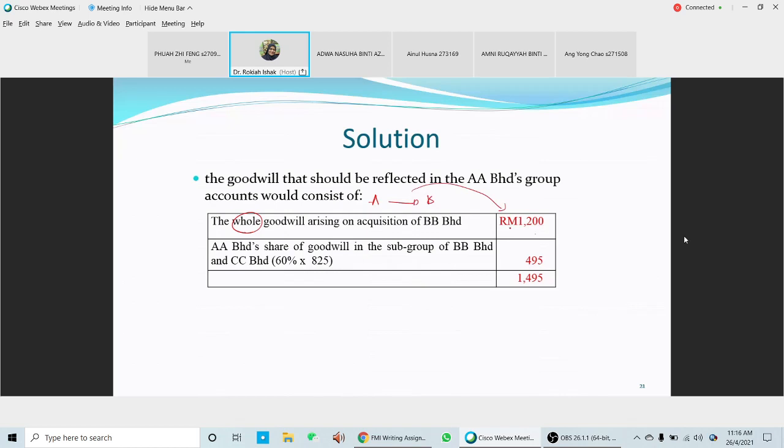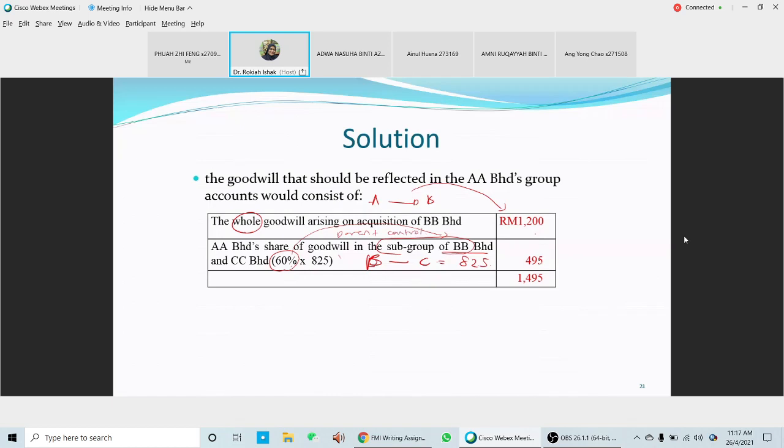But for the portion of the group in C, B to C has the goodwill of 825. Looking at B to C, you're going to have only 60% based on your control over B. From the total goodwill of 825, the parent is only entitled to 60%, based on the parent's control.